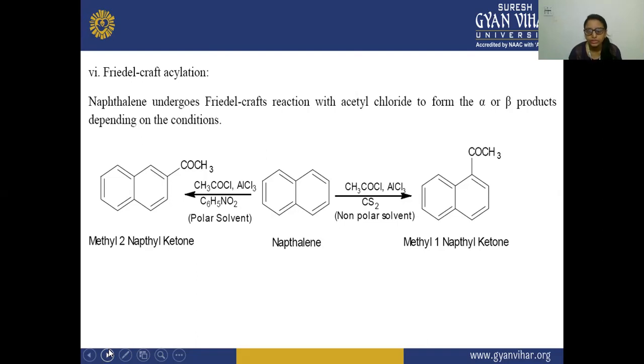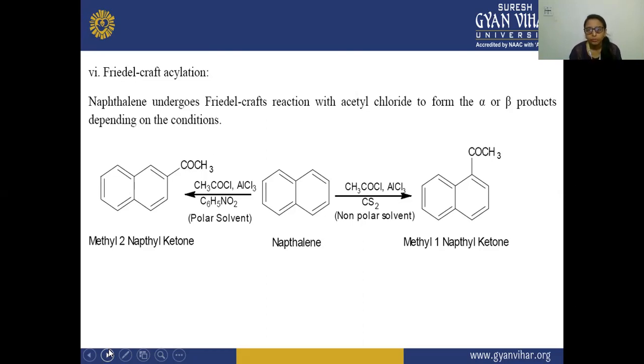First, it reacts in the presence of acetyl chloride and the catalyst aluminum chloride, and the whole reaction happens in the polar solvent nitrobenzene, and you will get the product methyl 2-naphthyl ketone. So this is the ketone that is formed from naphthalene.